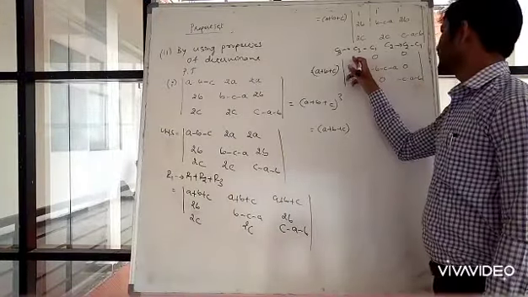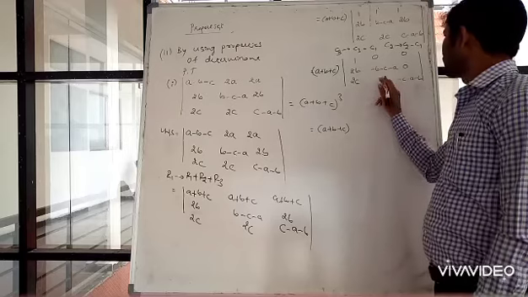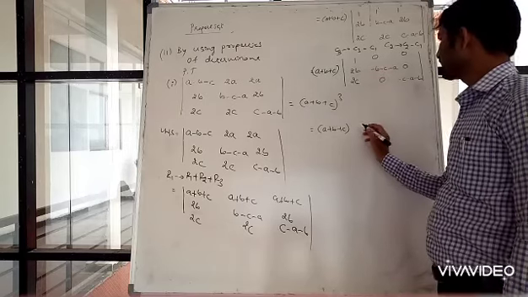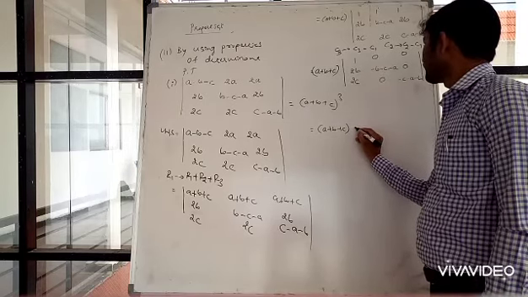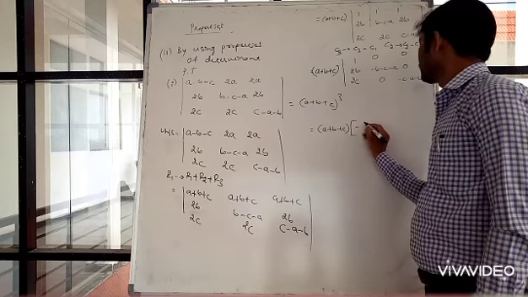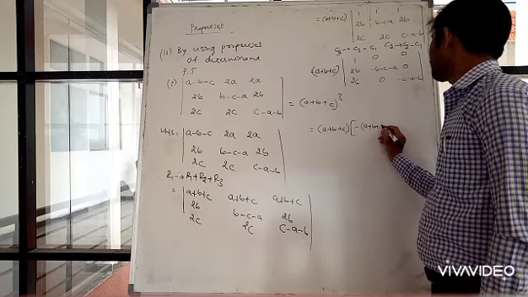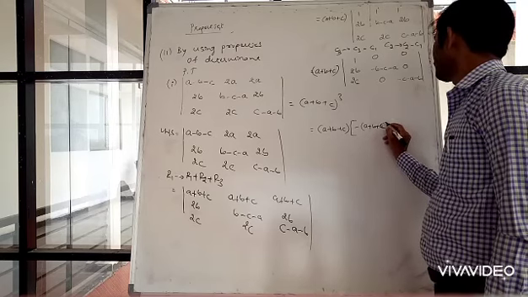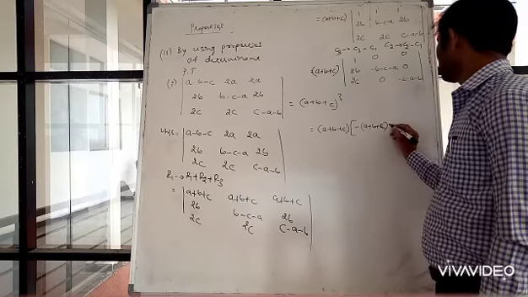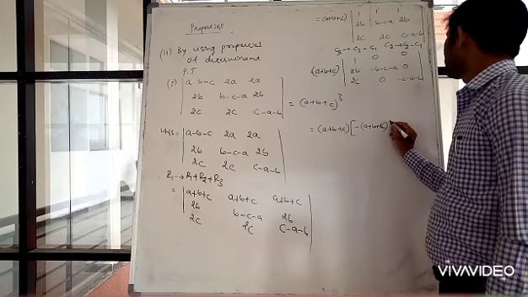We need to take the product of this. Here minus is there. If you take minus outside, minus of a plus b plus c, or else b plus c plus a. Here also same. Minus is there.